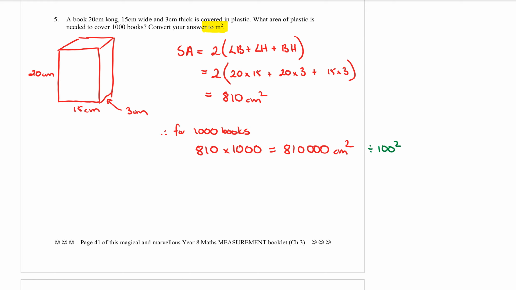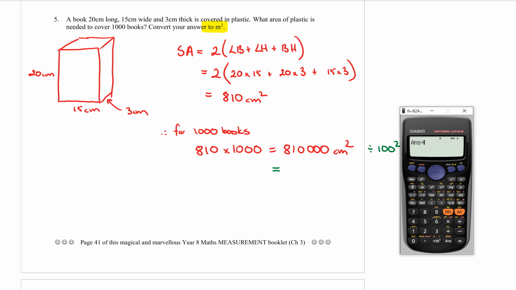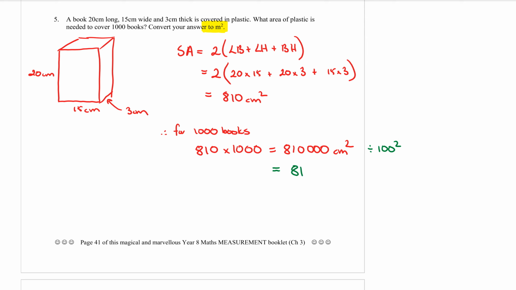If you look back in your notes, you'll see that little conversion chart on how to convert from centimeters squared to meters squared. So on the calculator, if I divide that by 100 squared, that means that's 81 meters squared of plastic wrap that you would need to cover 1,000 books. And that's it.